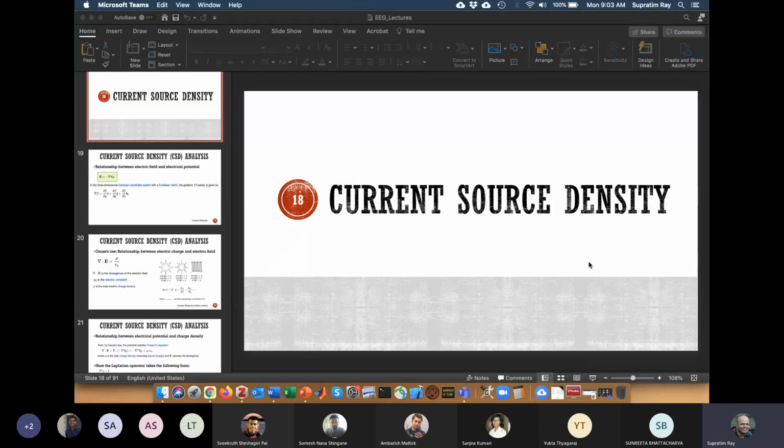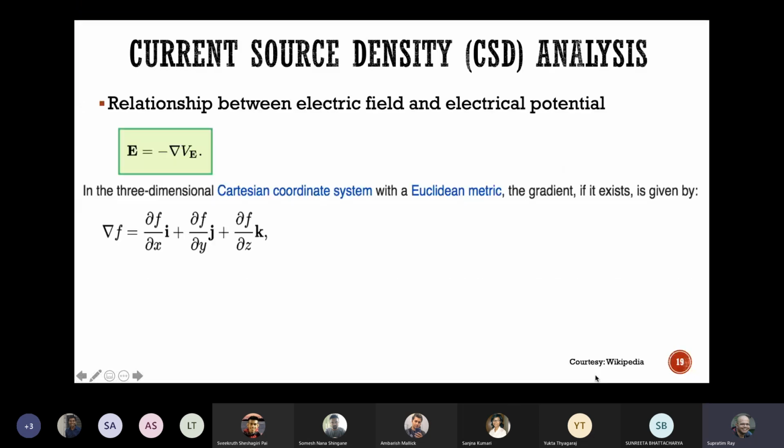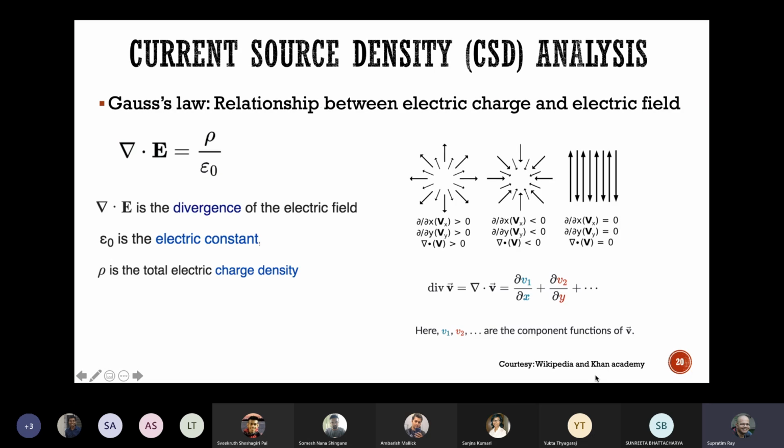So today we are going to do source localization. Very quick recap: we looked at the current source density, the process to compute the sources from the voltage distribution.